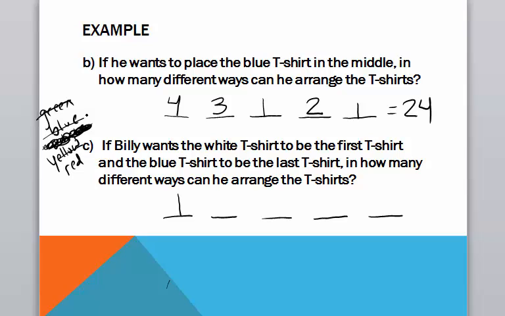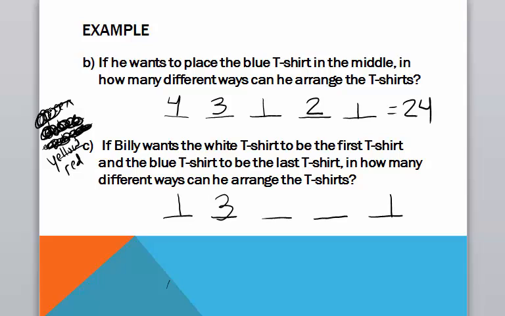We also know that we need a blue t-shirt to be last, which means when we look at the last position, we only have one choice. It has to be blue. So that eliminates the blue choice. Now let's fill in what's left. For the second spot, we could either use green or yellow or red, and so we have 3 choices.